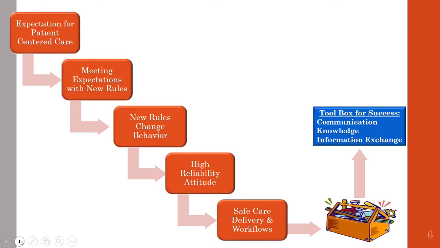And obviously the first one is related to communication. I put knowledge up here, and that relates to the competency of the leaders and the caregivers, in addition to our patients being knowledgeable. And then the third one would be related to information exchange, and that can be just the simple process of exchanging information, but also having the structural components in place that allow information exchange to actually happen.